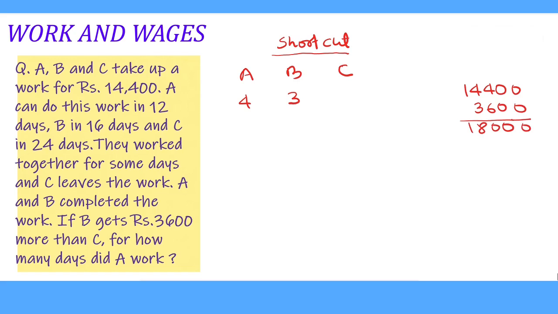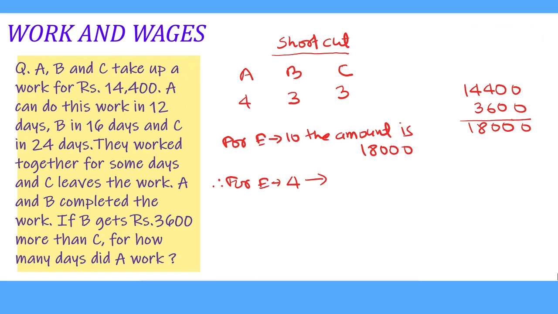The efficiency of C will be 3, equal to B. Then the total efficiency will be 4 plus 3, which is 10. For efficiency 10, the amount is 18,000. Therefore, for efficiency 4 it is 18,000 multiplied by 4 upon 10, and we cancel 0 of the denominator with 0 of the numerator. That gives 1,800 multiplied by 4, which is 7,200.